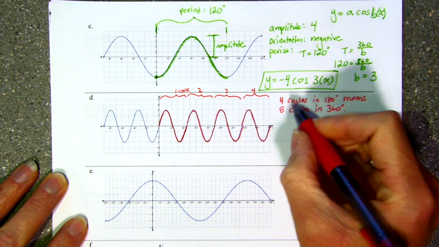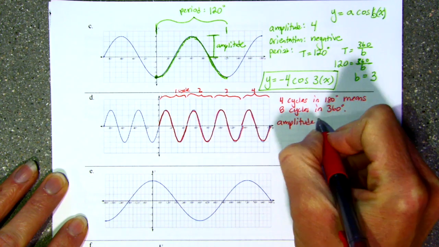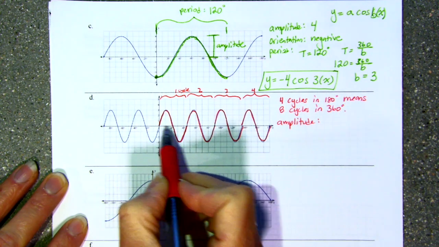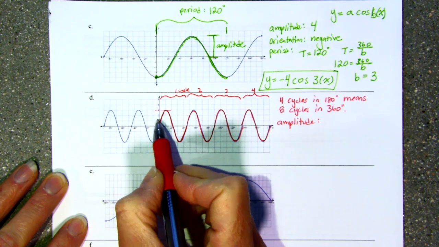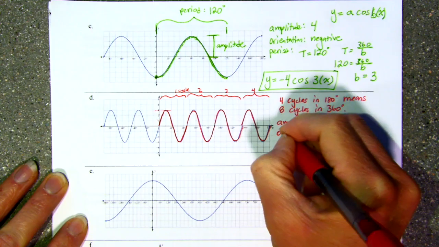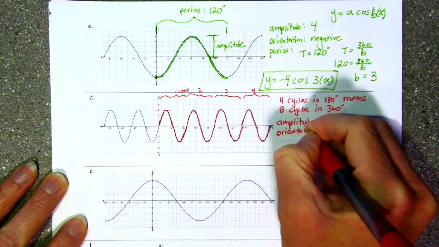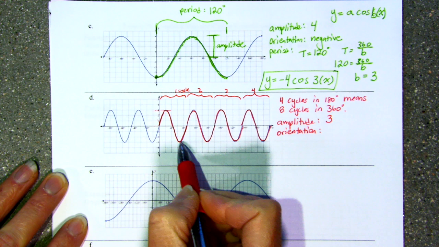Which makes sense. Okay, so amplitude. Our amplitude from the midline to the top is a distance of 3. So we have an amplitude of 3. Our orientation is positive. It goes up first, then down.